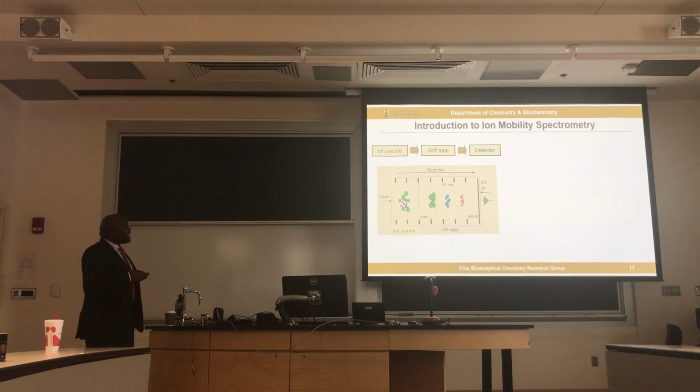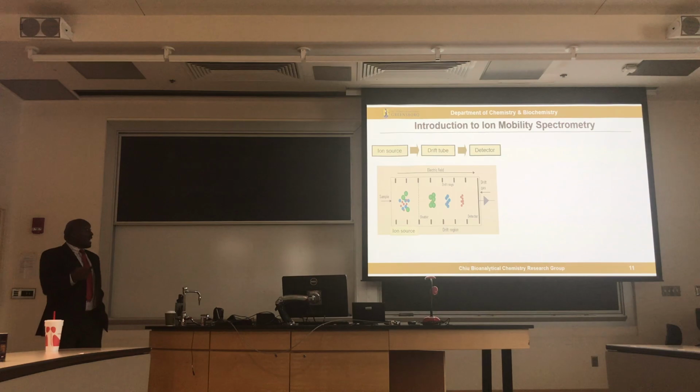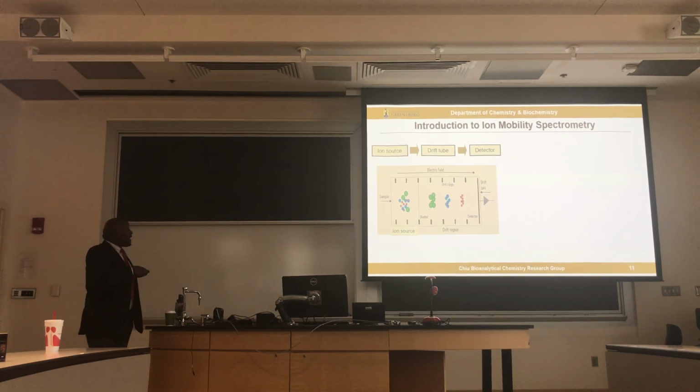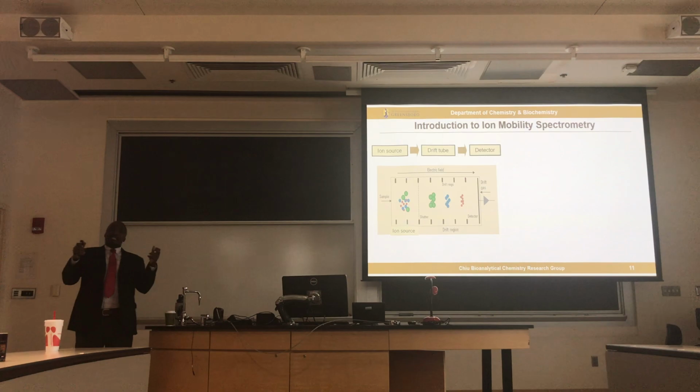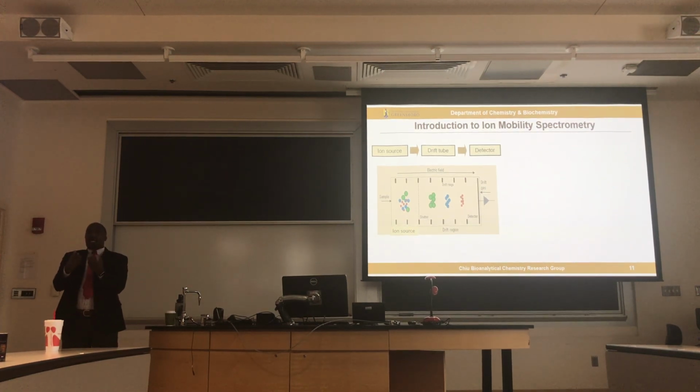Within this drift tube, there is a buffer gas flowing, usually inert, like nitrogen or even helium. When you ionize your sample and it moves through the drift tube, it is separated according to the size, structure, and charge of the molecular ion.